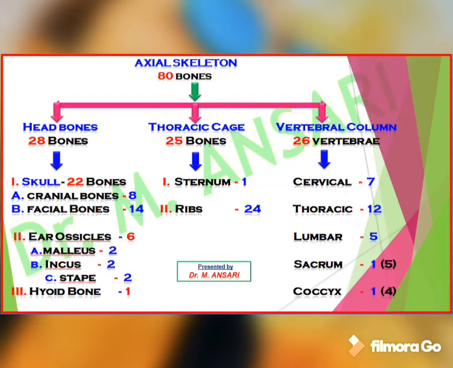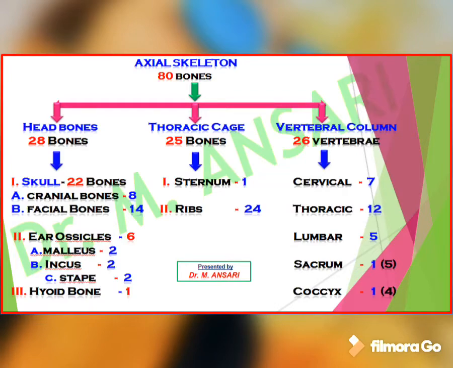These vertebrae, according to position, are grouped into 5 categories, that is cervical vertebrae, thoracic vertebrae, lumbar vertebrae, sacrum and coccyx. Total 7 cervical vertebrae are present in neck region. 12 thoracic vertebrae are present in thoracic region. In abdominal region, total 5 lumbar vertebrae are present and 1 sacrum and 1 coccyx are present in hip region.